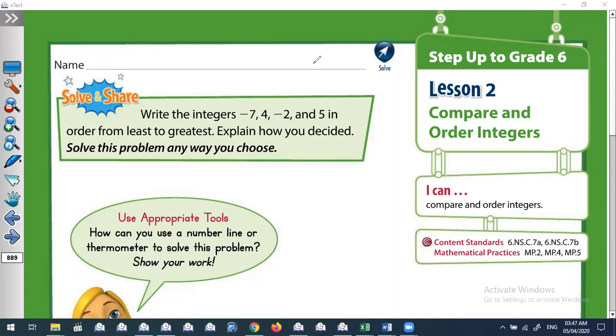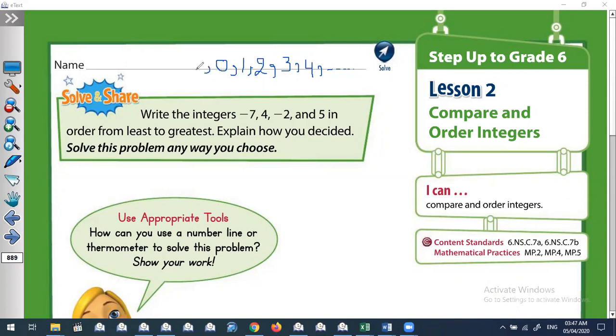I told you before in lesson number 1, the integers are 0 in the middle. On the right are the positive numbers, which are 1, 2, 3, 4, and so on. From 1 to infinity are called positive numbers.